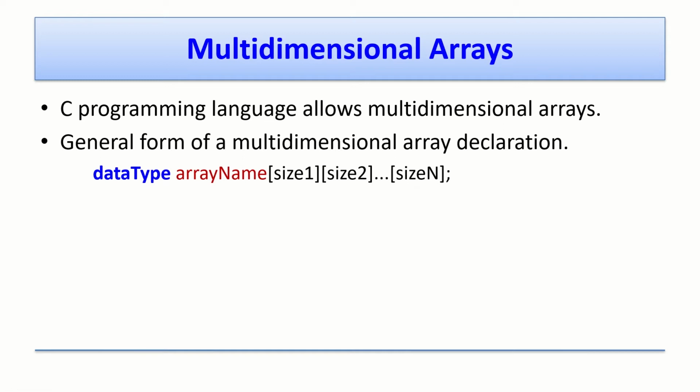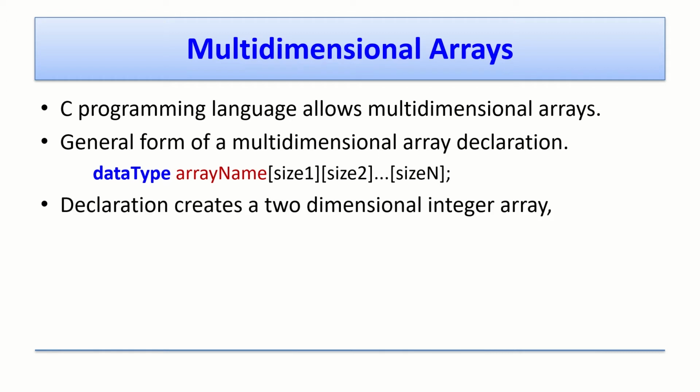Earlier we defined 1D, or one-dimensional arrays. In multidimensional arrays we can define a set of dimensions. In space we can have x, y, and z dimensions. If it is a plane, we can have x and y dimensions.